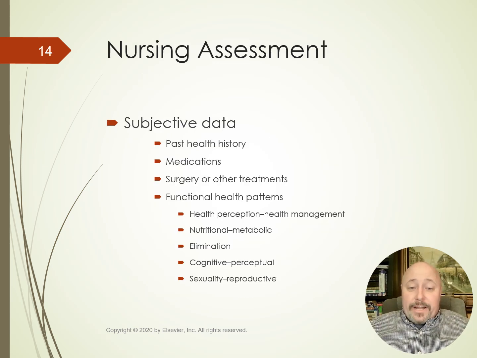Our subjective data, again, is going to be a thorough past medical history, looking at the patient's medications, previous surgeries, and their functional health habits, nutritional and metabolic intake, elimination, looking at their I's and O's, if they've been having urinary symptoms previous to this.